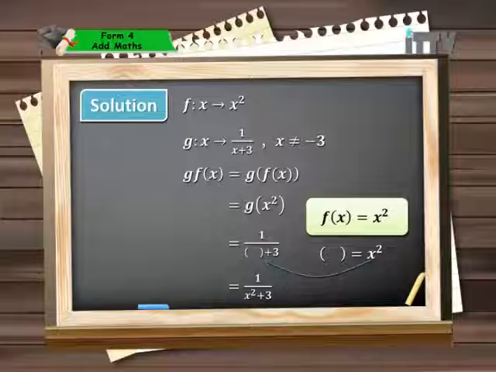Prepare the function again by writing out g(x), but changing the x into a bracket, because we are going to replace the bracket with the object that g wants to apply the function to. And the object is x squared, as was found from the function f. Therefore, x squared goes into the bracket, and that's why g of f(x) is equal to 1 over x squared plus 3.